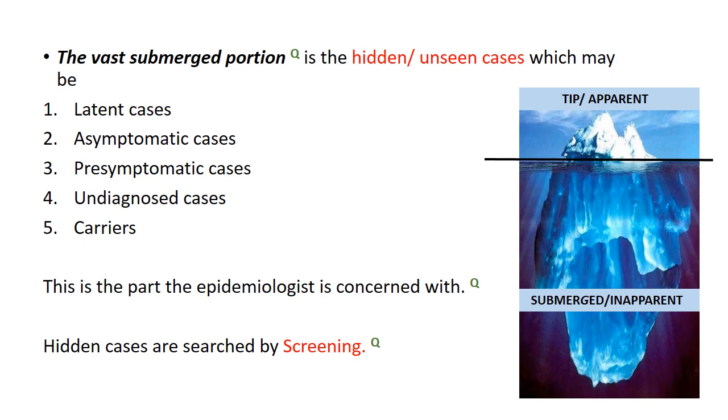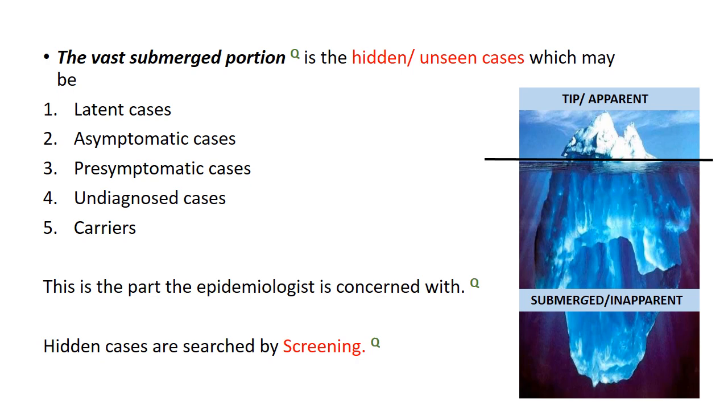So you can understand how important it is to know the natural history of the disease, the full spectrum of the disease, and the whole of the iceberg of the disease. Now, if the submerged portion is of an infectious disease, then the asymptomatic cases will be transmitting the infectious disease to the unsuspecting healthy population surrounding them.